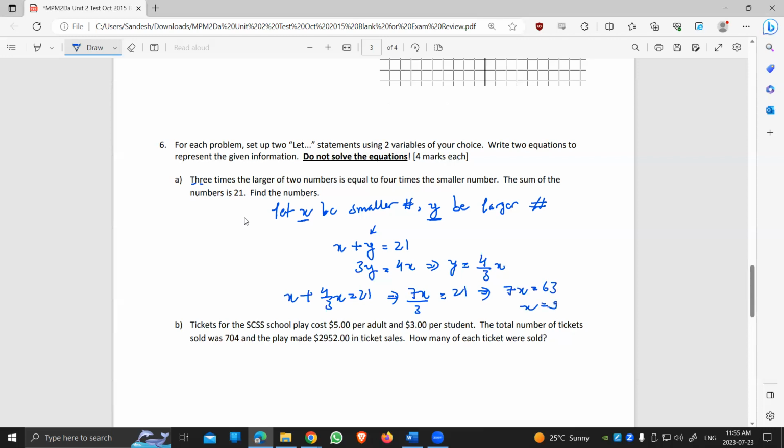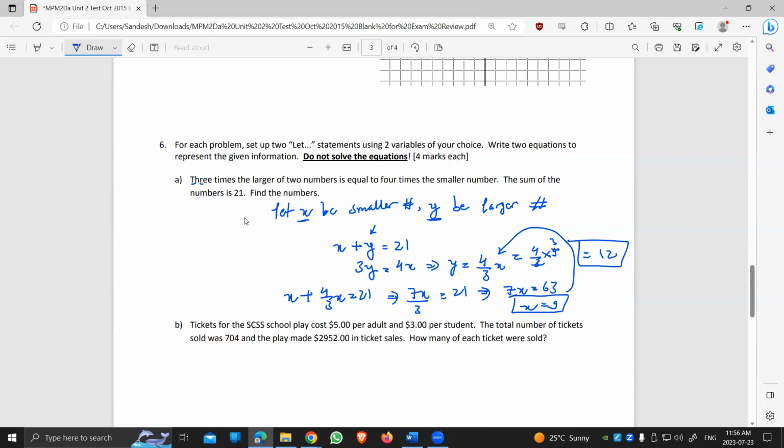X is 9. That means y will be 4 over 3 times 9. It'll be 4 times 3, which is 12. There we go. Y is 12 and x is 9. That is it.